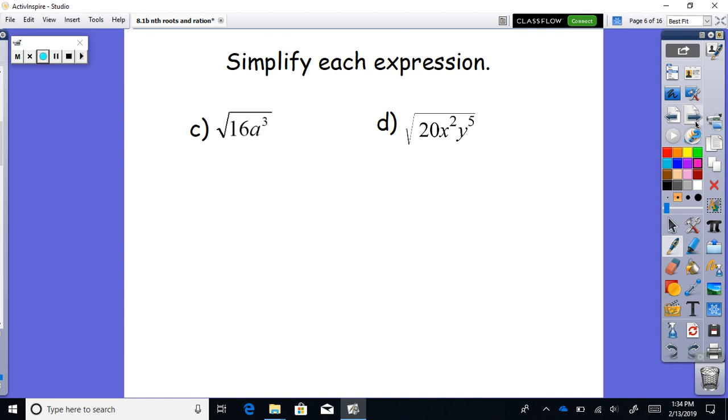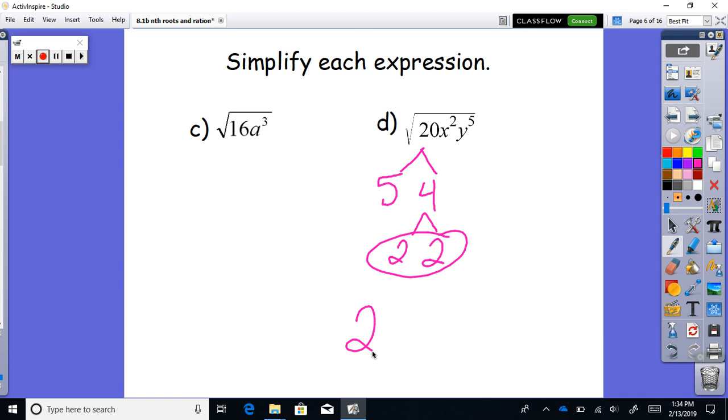You can also do this with variables, and so I'll show you how that's done. I'm going to do D over here. 20 breaks down with the factor tree. That's 5 times 4. 5 is prime, but 4 is 2 times 2. So I can take out a 2 out front. Then the x's, I have x squared, so there's a group of x's here that can come out.